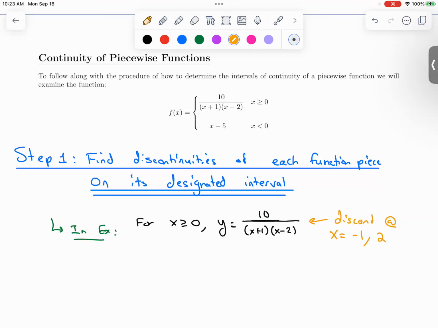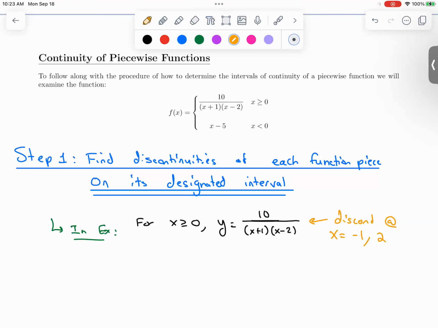So this is out, because we are only defined as this function for x greater than or equal to 0.